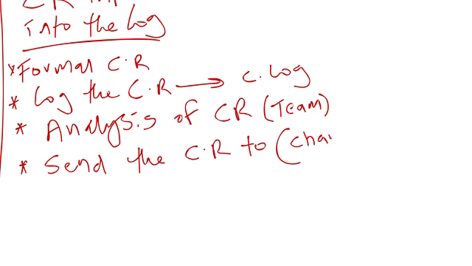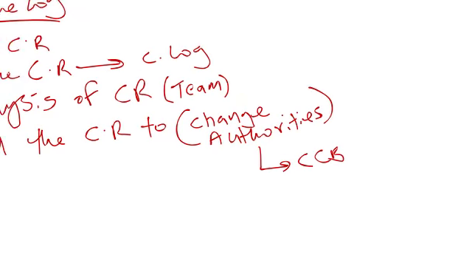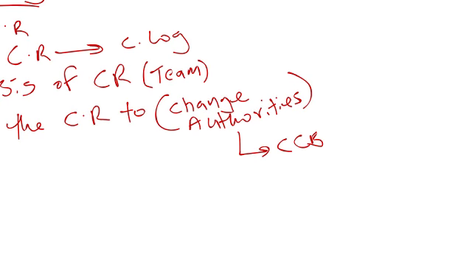After your analysis, you want to send on the change request to the, I'm going to call it change authorities. And your change authorities could be the CCB. Your change authorities could also be the project sponsor and the PM.